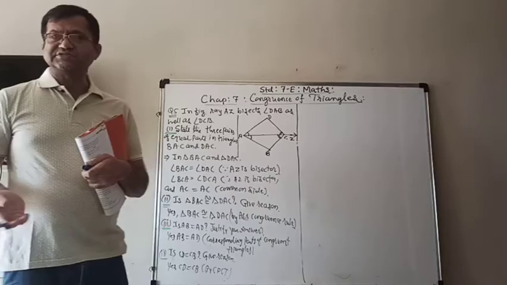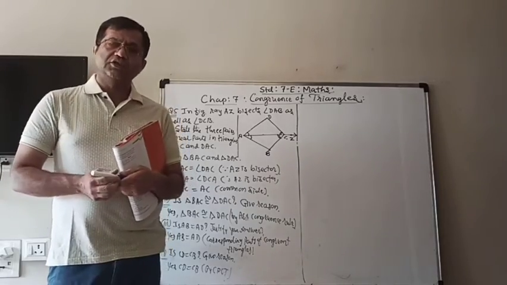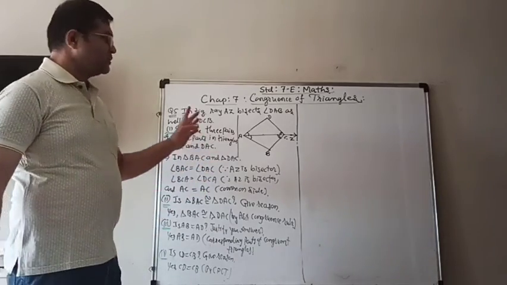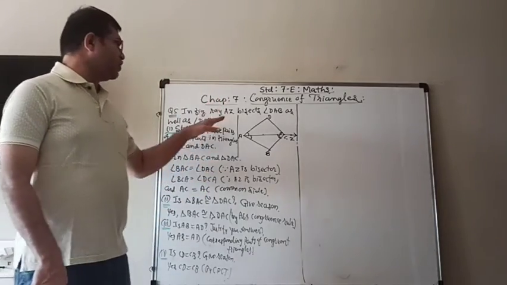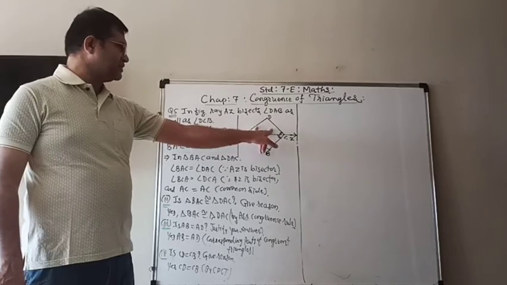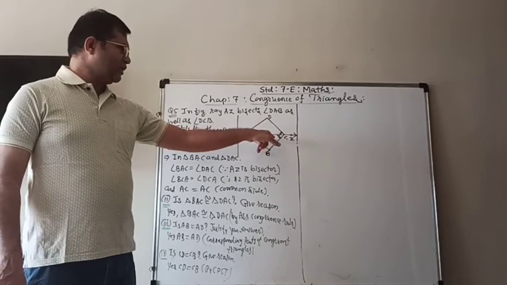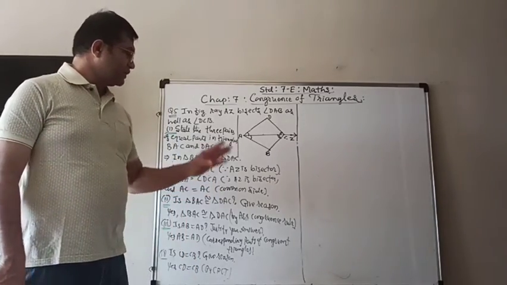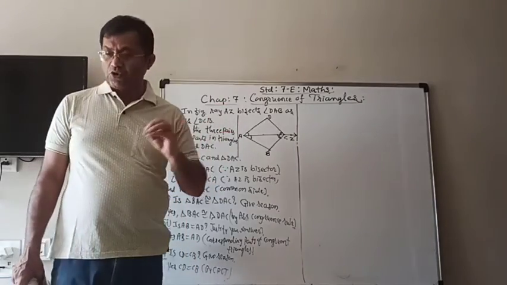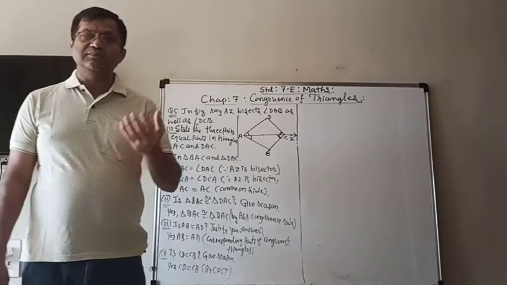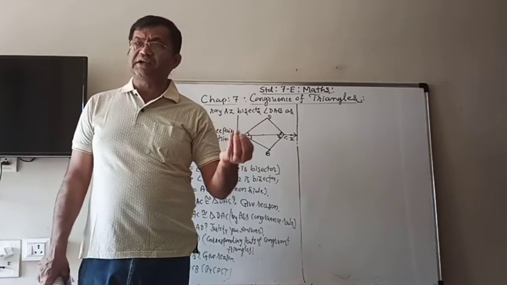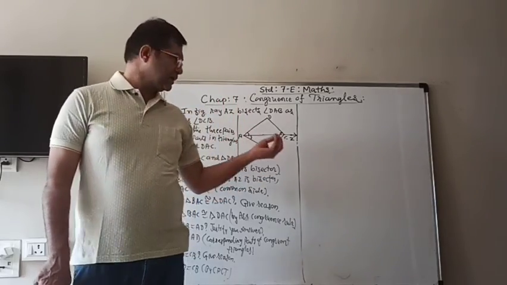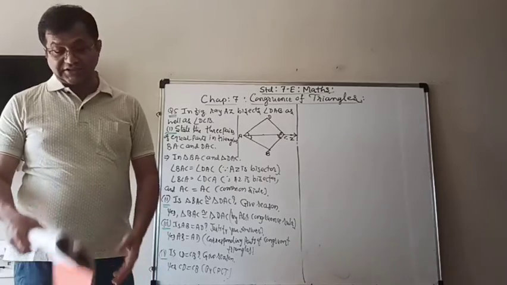If you write CPCT in short, it is not a problem. So by this method you apply the ASA congruence rule, and you can see that two angles and the included side are equal to two angles and the included side of the other triangle. So these two triangles are congruent, and by taking the congruent parts, other parts are already congruent, so we can write the answers like this.